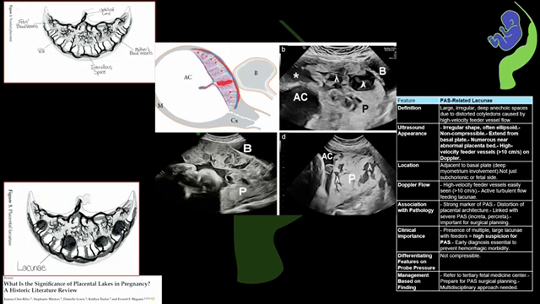They are not compressible with the probe pressure. They are generally caused due to the high velocity feeder vessel flow. When you see them in the Doppler, the velocity of the blood flow may be more than 10 cm per second. And the clinical significance of this is that when you see multiple lacunae with high velocity flow, it can be a strong marker for placenta accreta spectrum, which we will be discussing later.